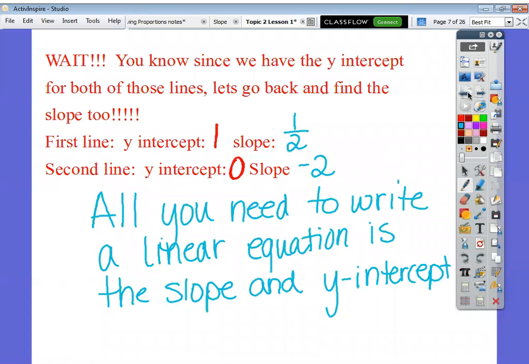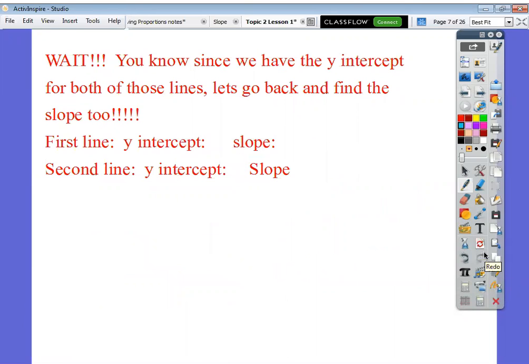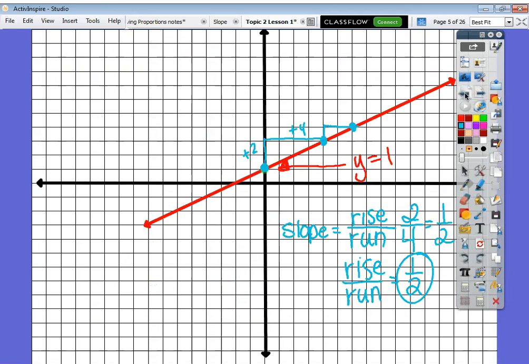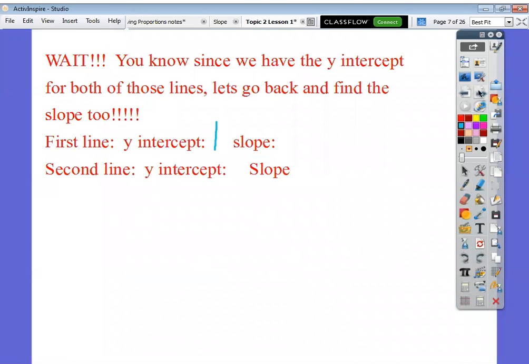All right, so ready? Here we go. If we go back, uh-oh, shoot. It was 1 and, oh, I already forgot. 1/2. 1/2. And this was 0 and I think it was -2.